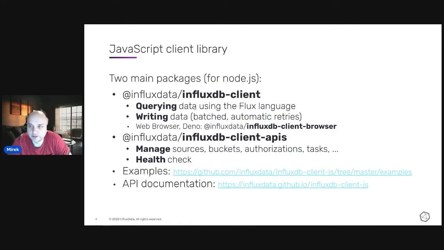In the case of the JavaScript client library, there are two main packages. The first one is called InfluxDB Client. This client is responsible for writing new data into InfluxDB as well as for querying. So just these two basic operations. This client can be run in a web browser as well, so you can write the data directly from the web browser using this library.